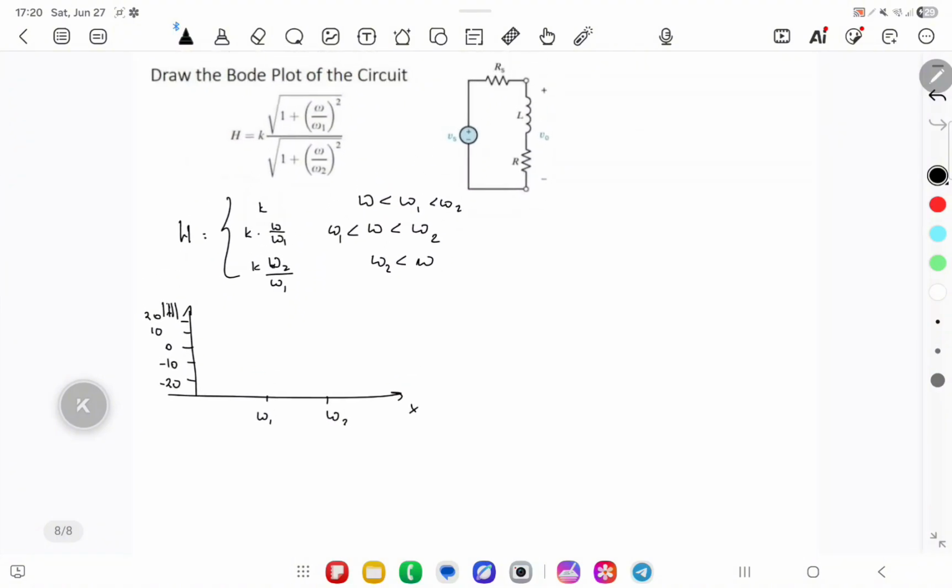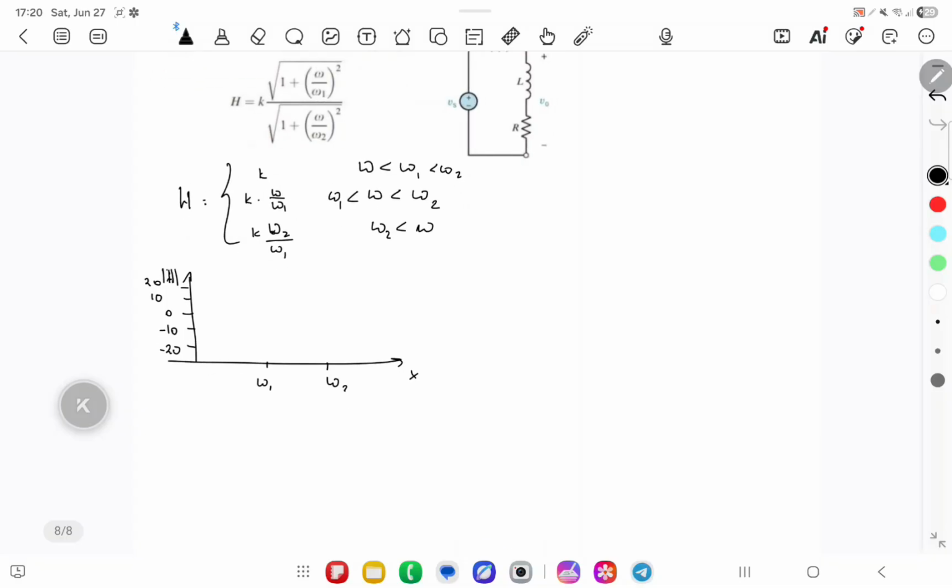And as we may see, before omega was greater than omega 1, it's less than both omega 1 and omega 2. And what we see from our approximations is that in this particular case, our network function is equal to k. And if we want to know the gain of our network function, we take 20 multiplied by logarithm to the base of 10 of H. In case 1, it will be simply 20 logarithm to the base of 10 of k.